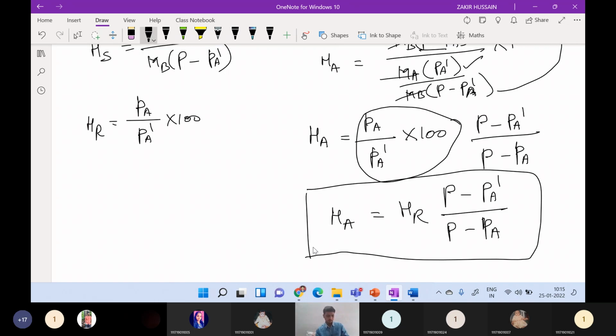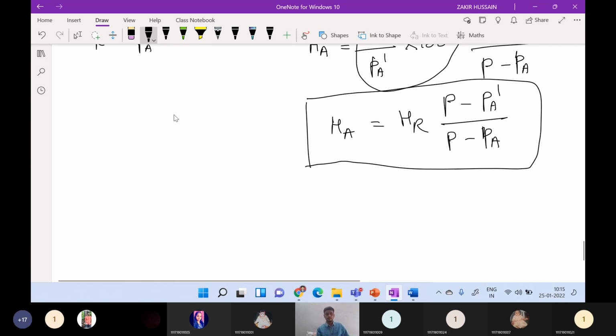At all humidities other than 0 and 100%, the percentage humidity will be less than the relative humidity. If the relative humidity is 100%, that is called saturation: the maximum capacity of your air has been reached.